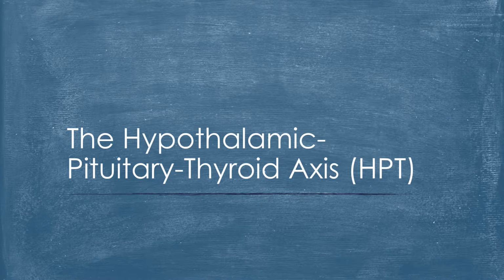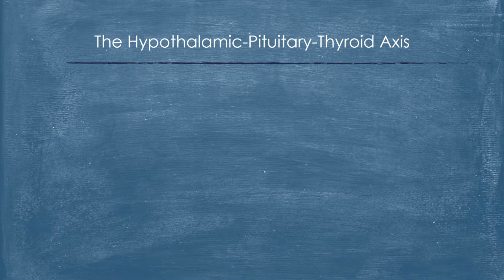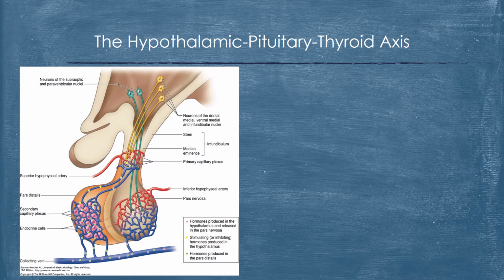So the hypothalamic pituitary thyroid axis. We will talk about the regulation in a brief manner right now. This is the hypothalamus here. We have the pituitary glands, the anterior and posterior, and we have the hypophyseal portal circulation or portal system.